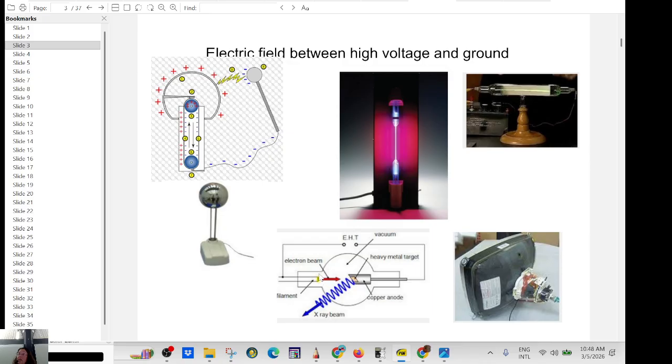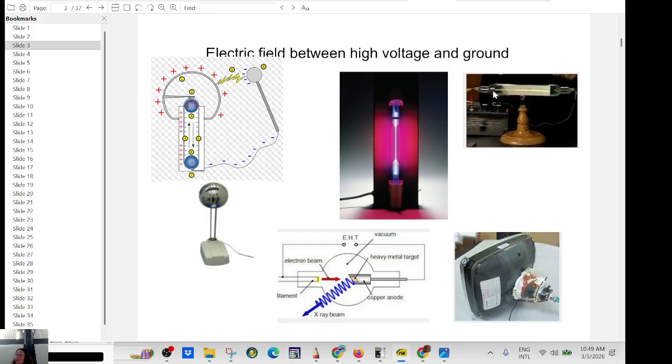When you have positive and negative, you can accelerate an electron through the voltage drop. Okay, so you have potential energy, which is QV, equal to the change in kinetic energy. So you have to find the final speed or something like this.